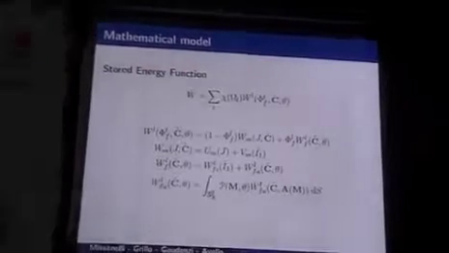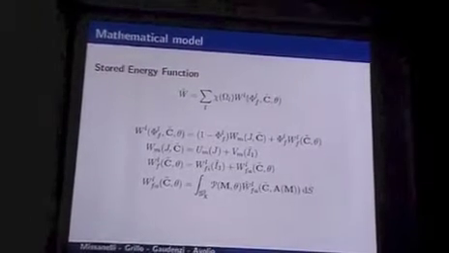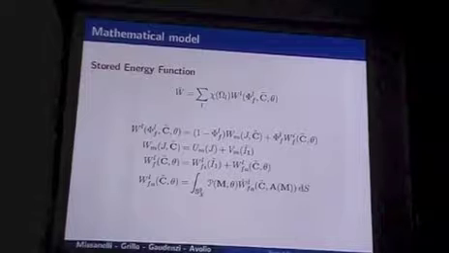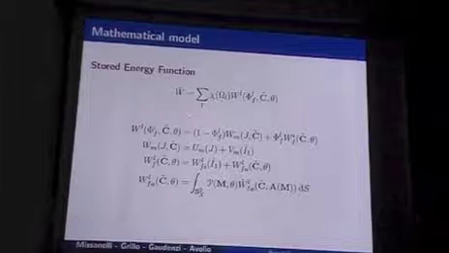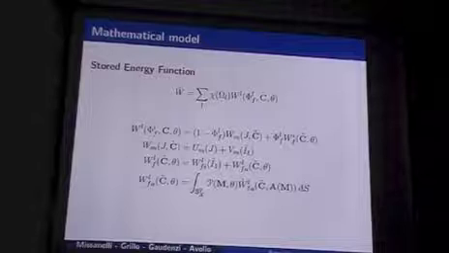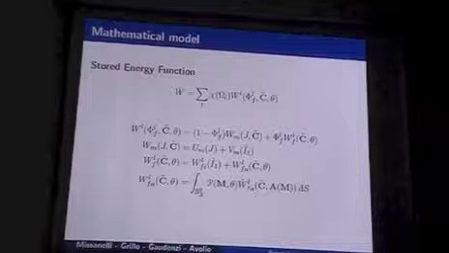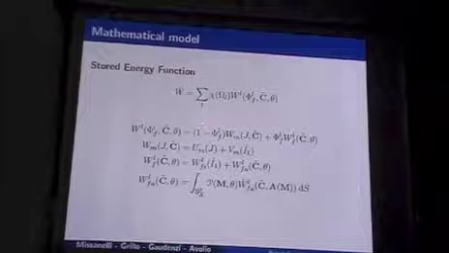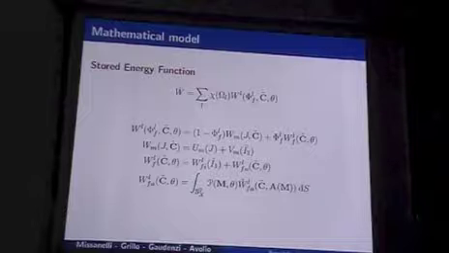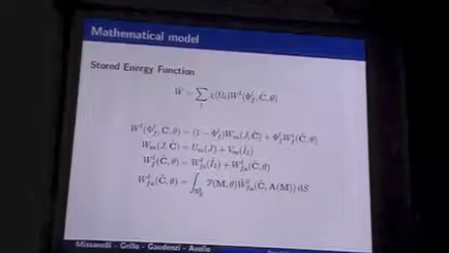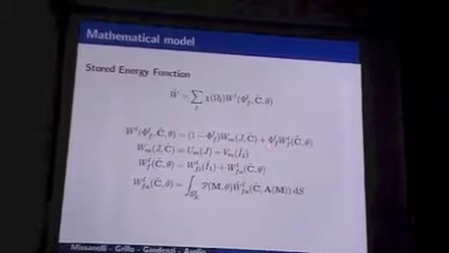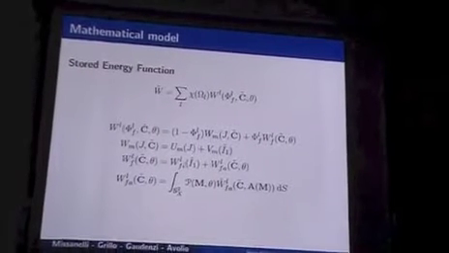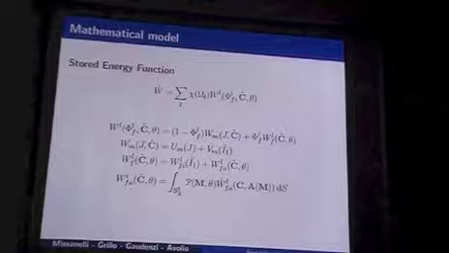We split the free energy function between the layers. So this is the characteristic function that identifies the layer. This is the particular energy function of the layer. So we look at the volume fraction of matrix, its energy function, the volume fraction of fiber, and then the energy function for the fiber.